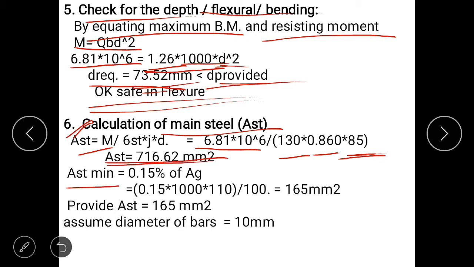Okay, now here we find AST, but we have to check AST minimum. The AST minimum formula is 0.15 percentage of AG, meaning gross area. Why are we taking this formula for AST minimum, 0.15 of AG?